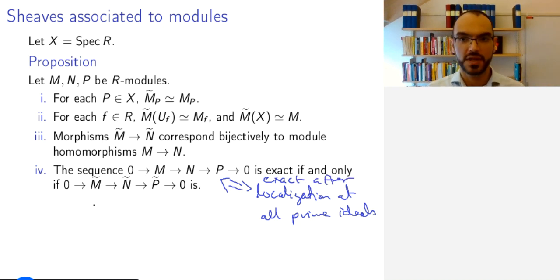This is a fact from commutative algebra. And we glossed over, without proving, that a sequence of sheaves is exact if and only if it is exact on the level of stalks.